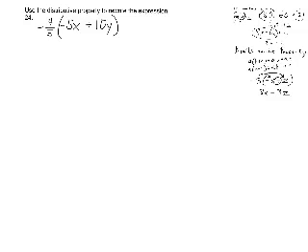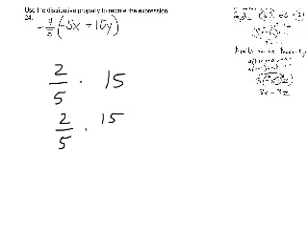Let's say we have 2/5 times 15. If we're going to multiply 2/5 times 15, then we have to make a fraction out of the 15. So we're going to get 2/5 times 15 over 1. And then we can do cross canceling if you know how to do that.